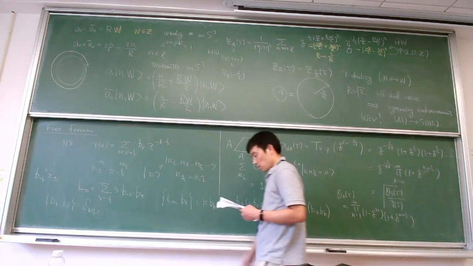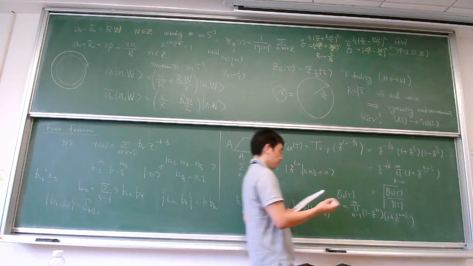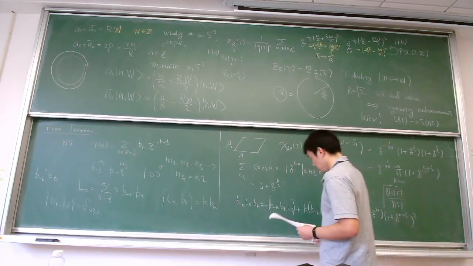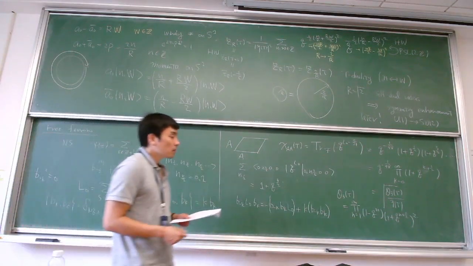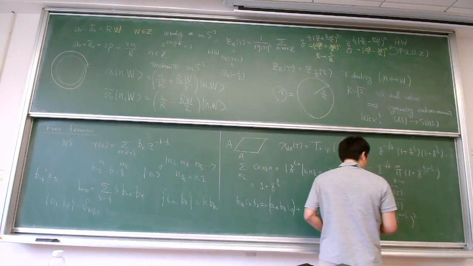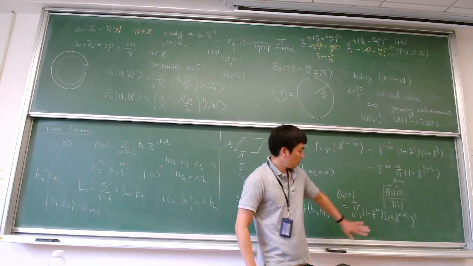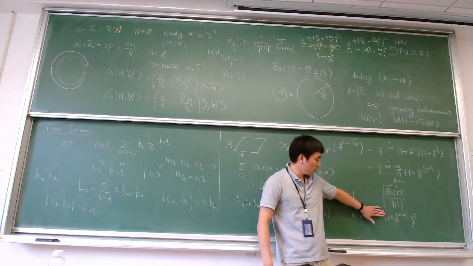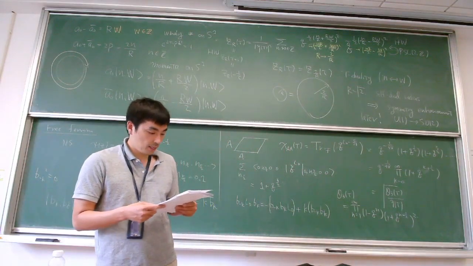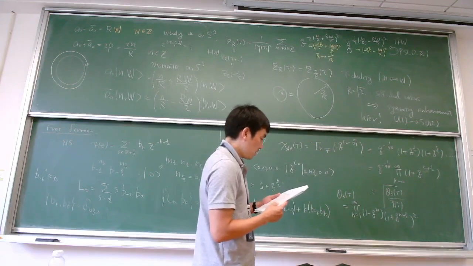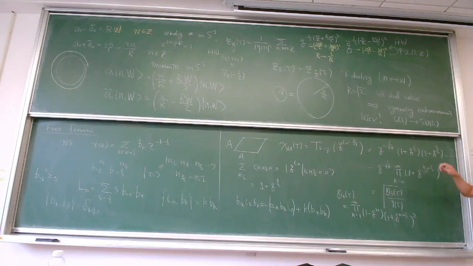If you take the quotient by the eta function, you get rid of this factor, and then you take the square root, you get this one. Any questions so far?